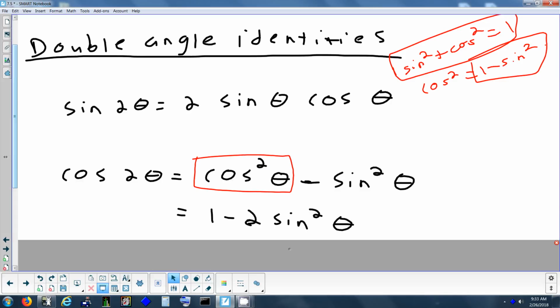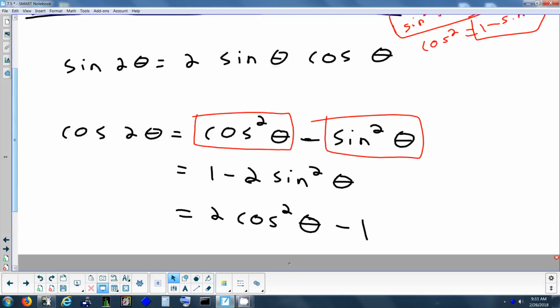You actually get 1 minus sine squared minus sine squared. That's minus 2 sine squared. So you could write it that way, or you could rearrange the Pythagorean identity I just showed you and instead plug in for sine squared and get something that's kind of similar.